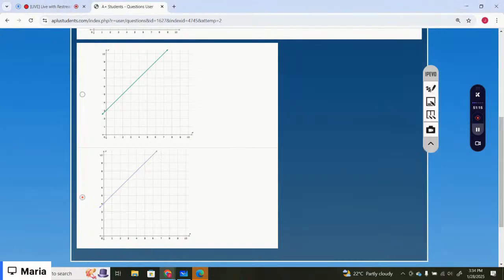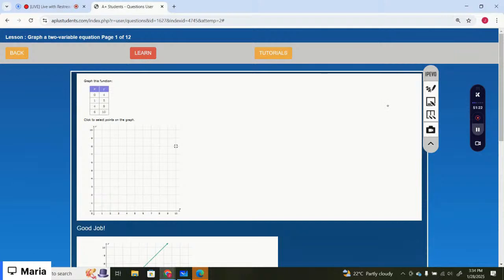Basically, the graph has all the points that are given in the table. You just have to match the points with the table given, then that would be the correct option.